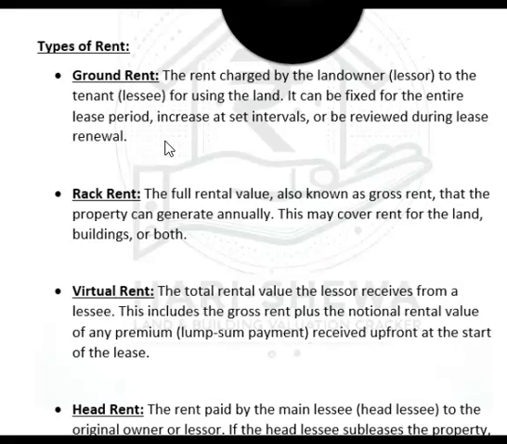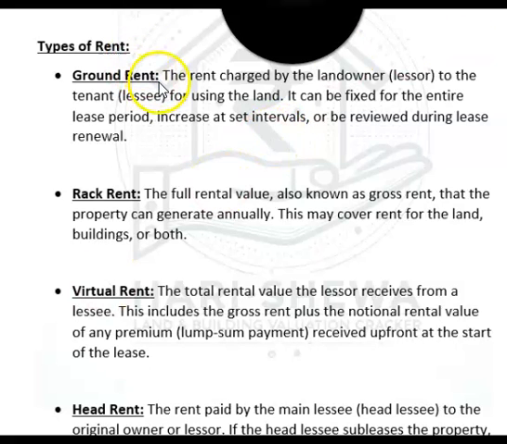He has given a lease for 30 years, 40 years. In that lease, some terms and conditions will be there. Rent can be increased after 2 years, 3 years. It may be given as a percentage, 2%, 5%, 10%, or after 5 years it is to be decided. That depends on the condition.